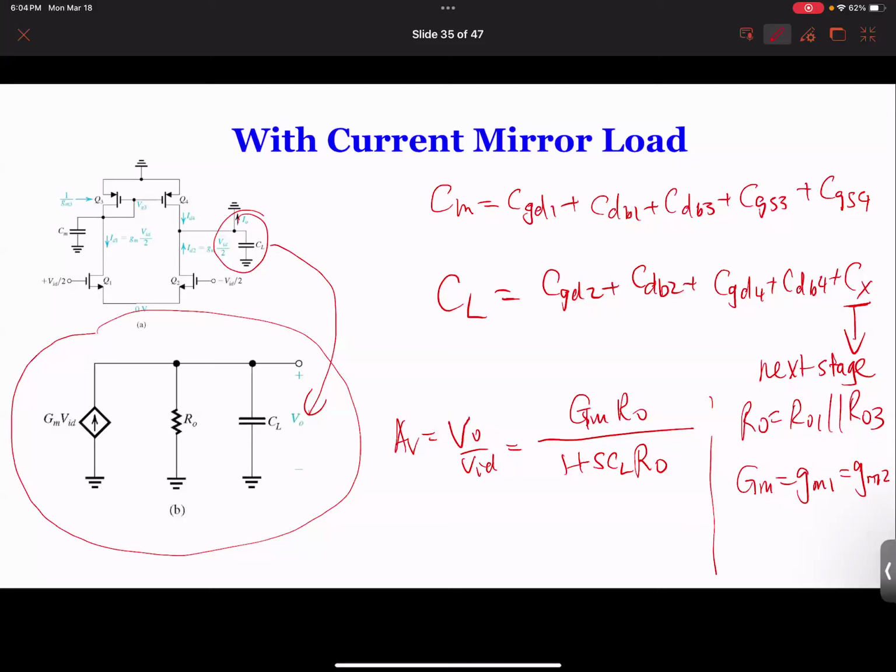From here, you see there's one pole for CL. Let me see if there's an actual diagram. Yes, the diagram you would draw is something like this. This is your FH over here.